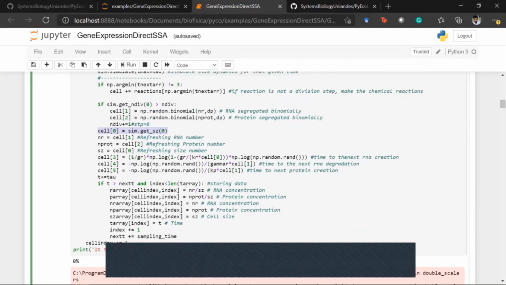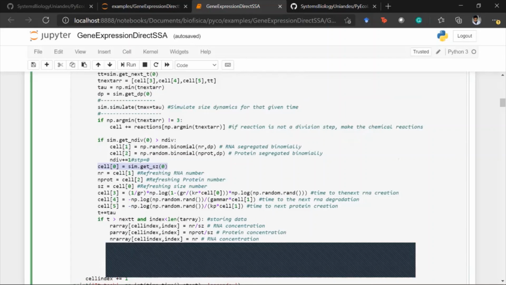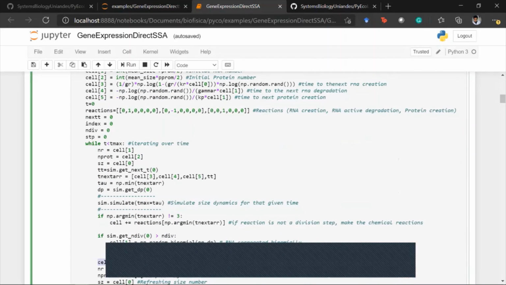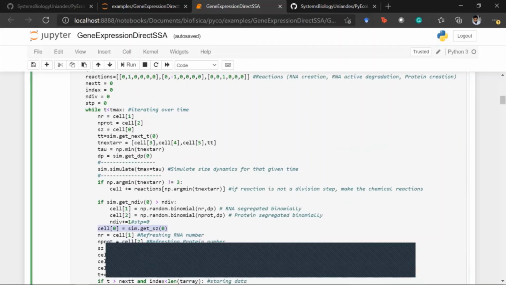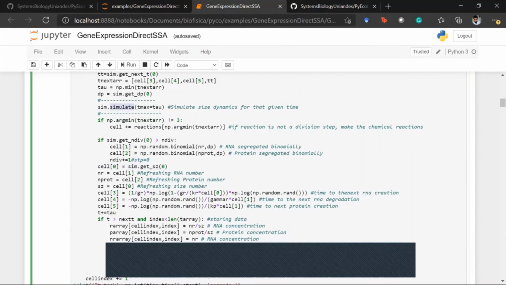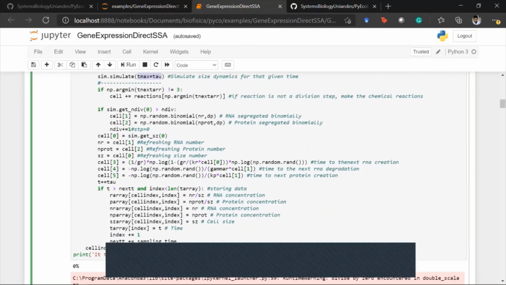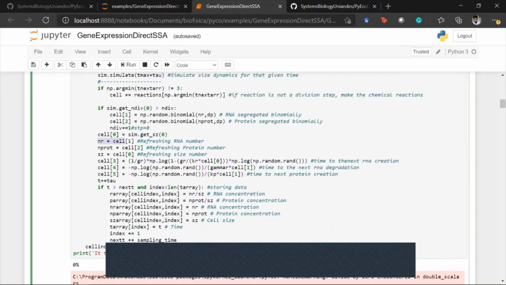You take the size that was calculated using the function simulate, that simulates the entire trajectories during a given time, the new number of RNA, the new number of proteins, the new sizes, and you can compute the new Gillespie chemical reaction times.